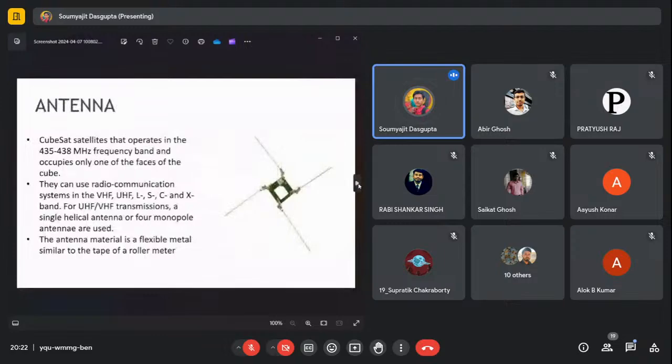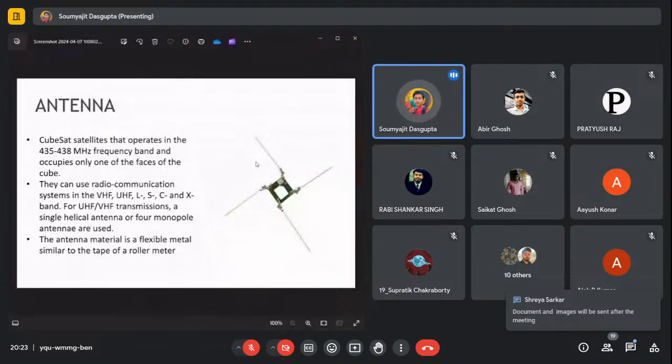Right. Now comes the antenna. As I said, there are several types of antenna like monopole and dipole antenna, and there is a particular frequency range which is used for that particular antenna, right? Like 435 to 438 megahertz frequency bandwidth.